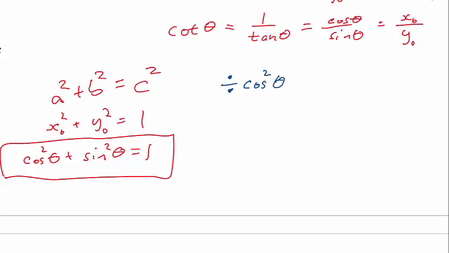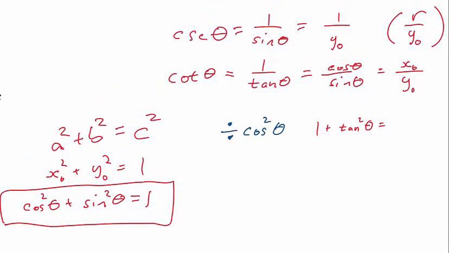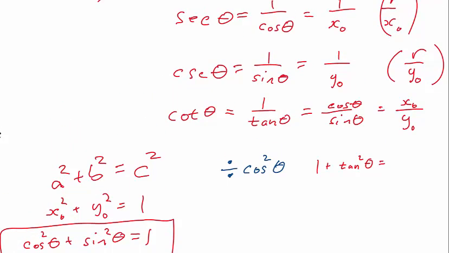The first term becomes 1, because cosine squared divided by cosine squared is 1. The next term is sine squared divided by cosine squared, and sine over cosine is tangent, so this becomes tangent squared theta. And then equals 1 divided by cosine squared, and 1 over cosine squared is secant squared. And that's the other important one to keep in mind.